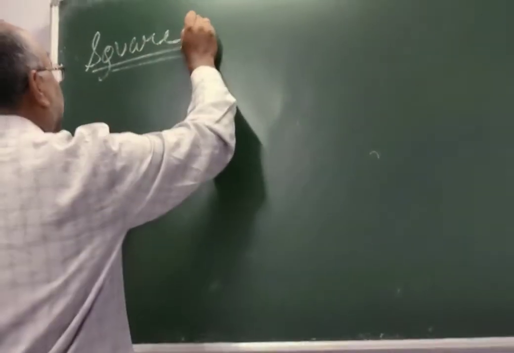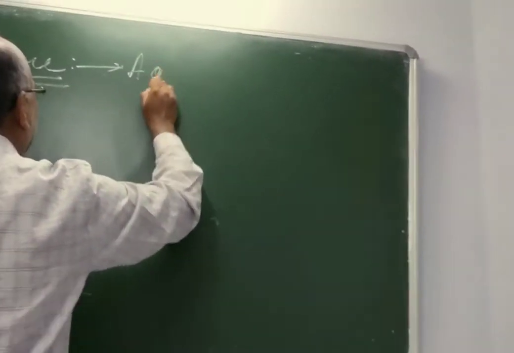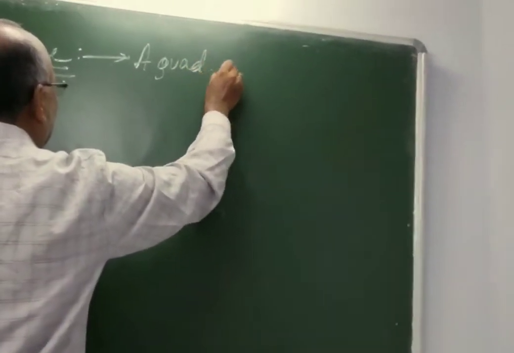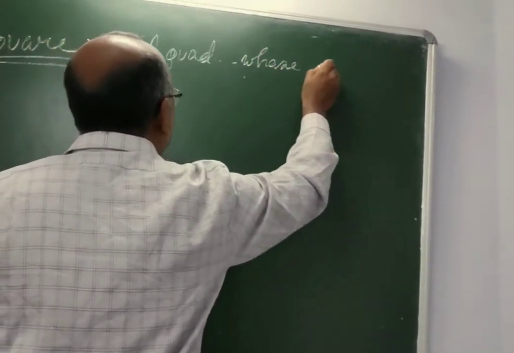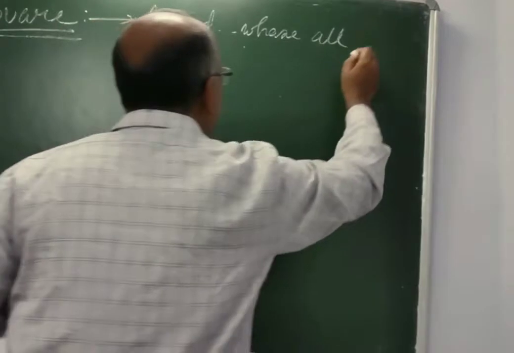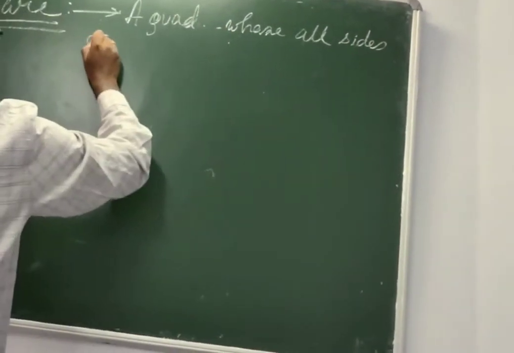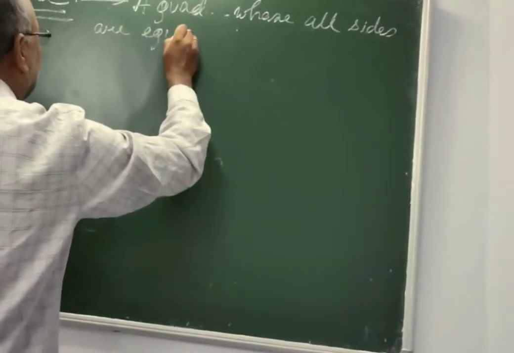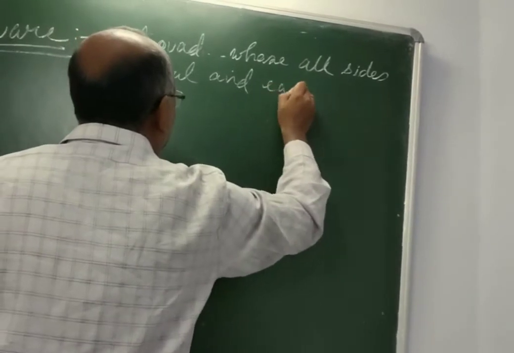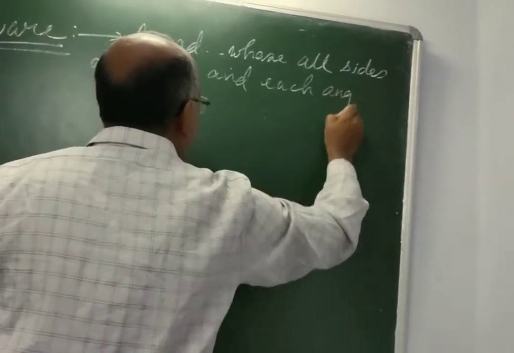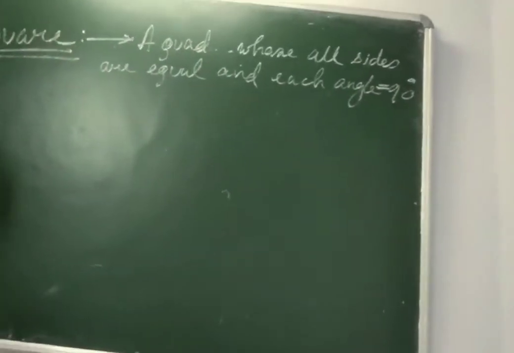From the word square itself, we understand it is a quadrilateral whose all four sides are equal, and each angle is equal to 90 degrees.